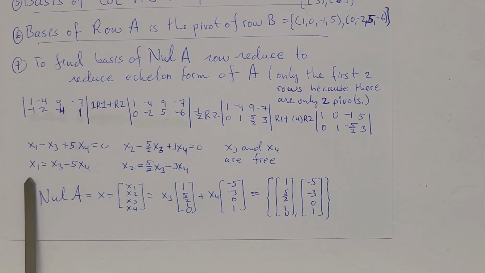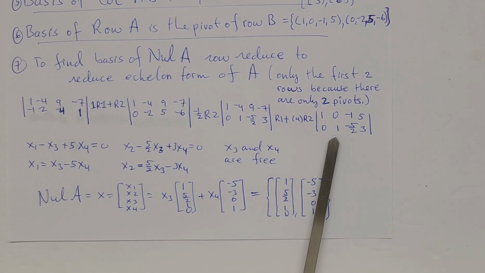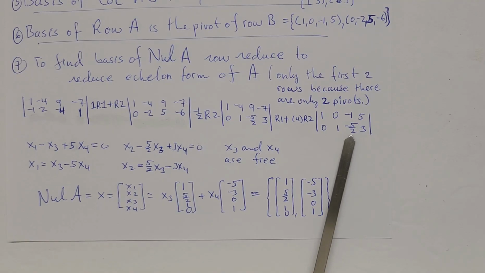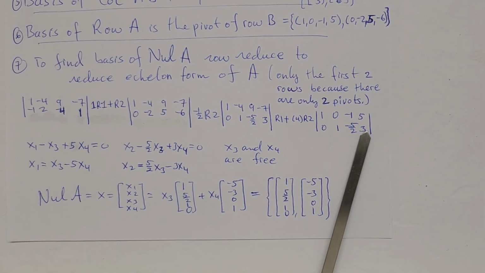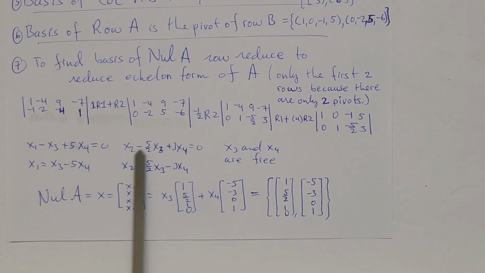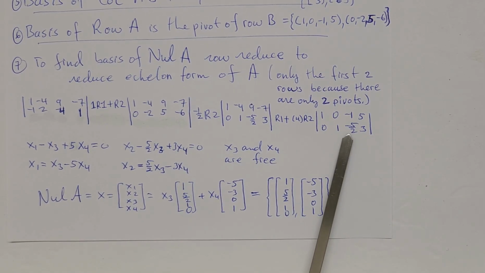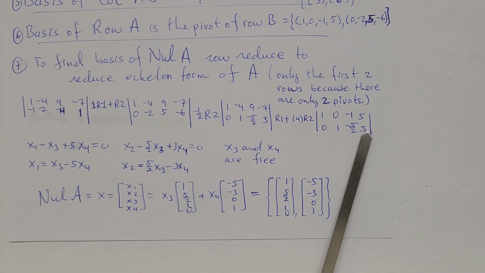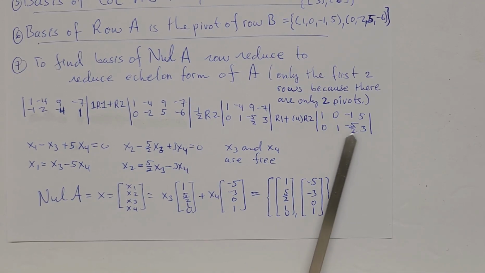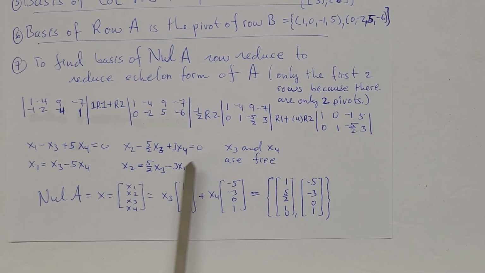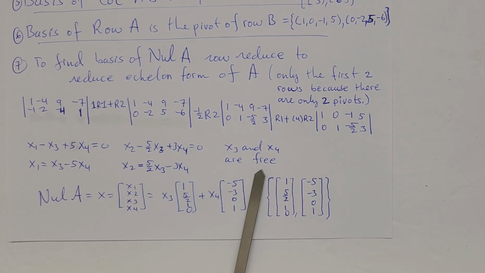Solve for the first term. Here is the second pivot: x2 minus 5/2x3 plus 3x4. Solve for the second term. This is x3, this is x4. Since x3 and x4 are not taken, they are considered free.